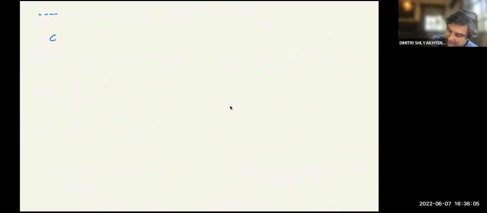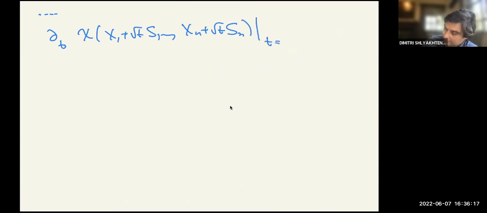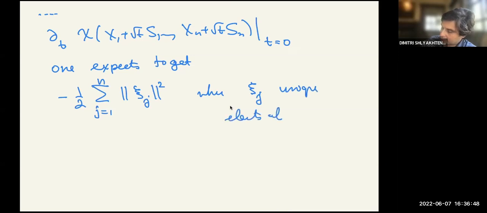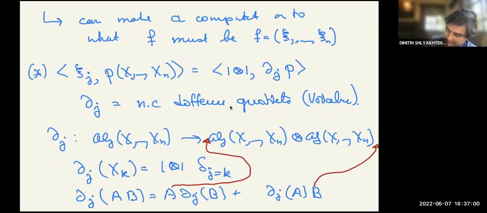After some computation, if you're interested in the derivative of chi of x1 plus root t s1, ..., xn plus root t sn at t equals 0, one expects to get minus the sum of Cj squared, 1/2, j from 1 to n, where Cj are the unique elements of L2 of the von Neumann algebra generated by x1, ..., xn, such that star holds, and star is this equation.